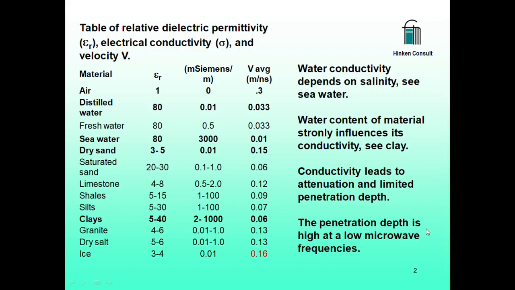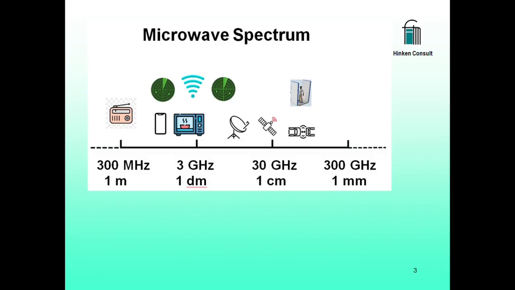The penetration depth, as we know, is high at low microwave frequencies. So to check what the best microwave frequencies would be for GPR, let's look at the whole microwave spectrum.